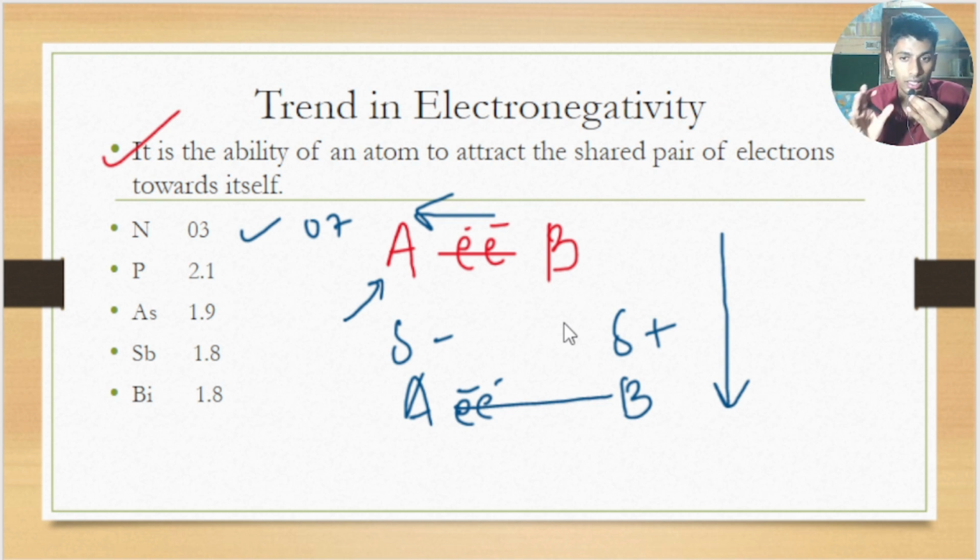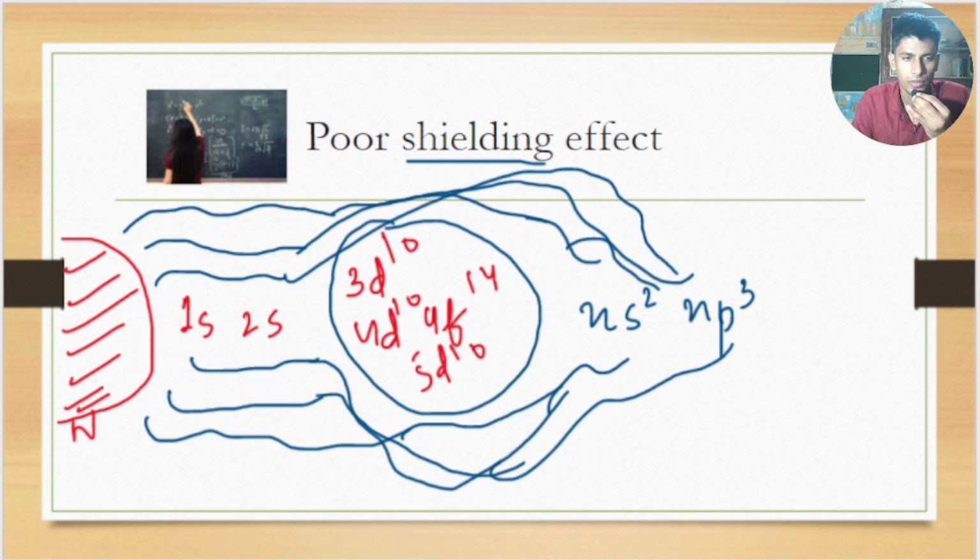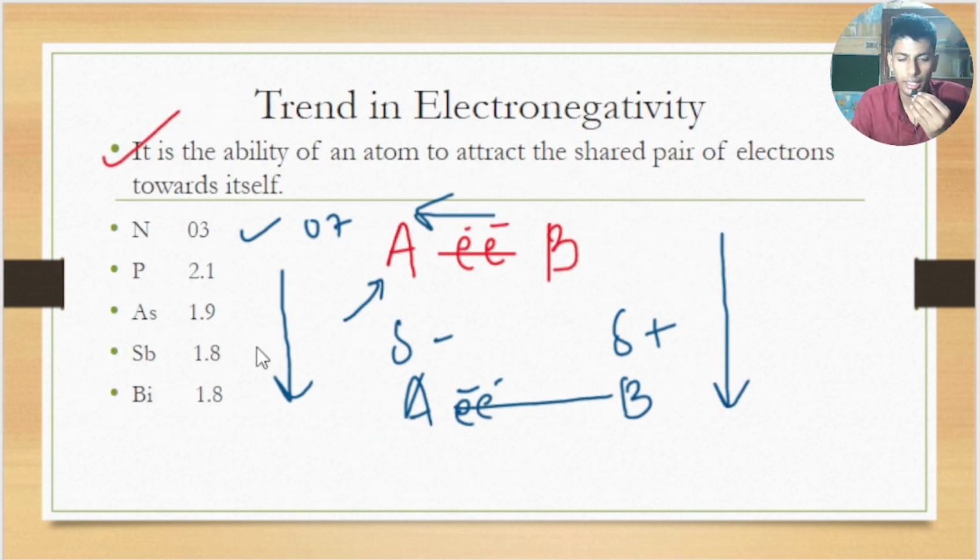It is generally so, but in the case of group 15 elements, due to the poor shielding effect, these d and f orbitals are not shielding this effective nuclear charge, so the entire charge is reaching till this point, and due to this the electronegativity, which generally decreases, is not decreasing as much as expected.